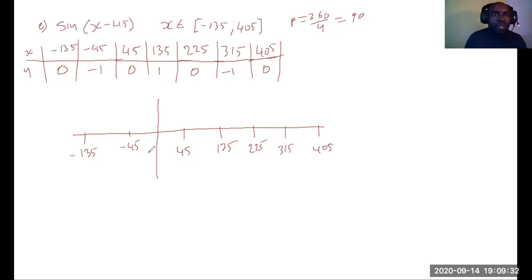What is our zeros? We have got a 0 here at 45, we have got a 0 here, 225, we have got a 0 here, and we have got a 0 here.